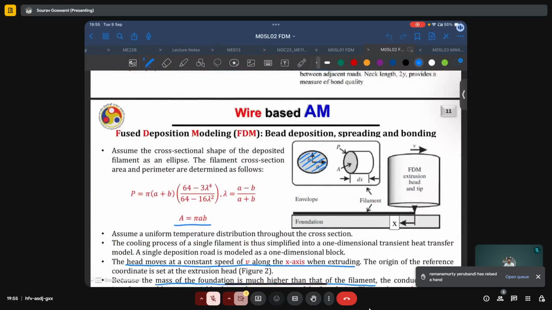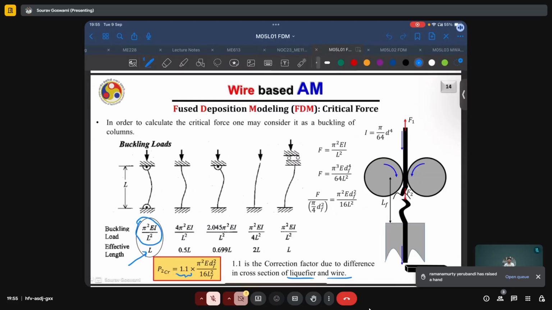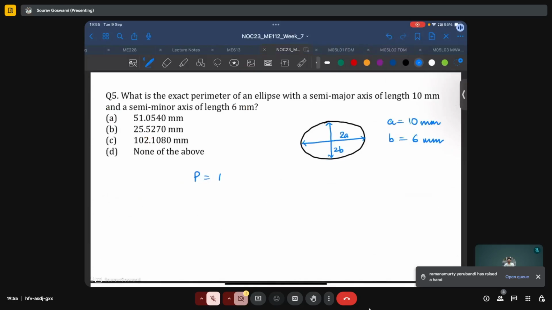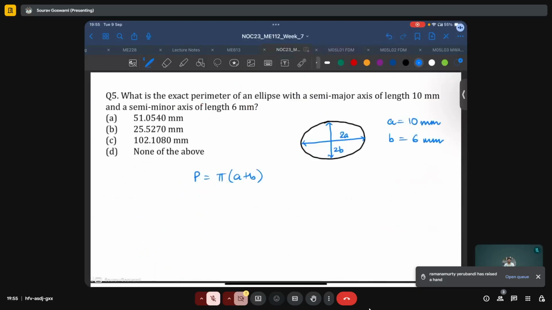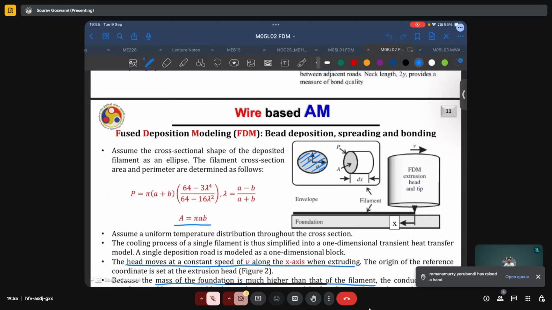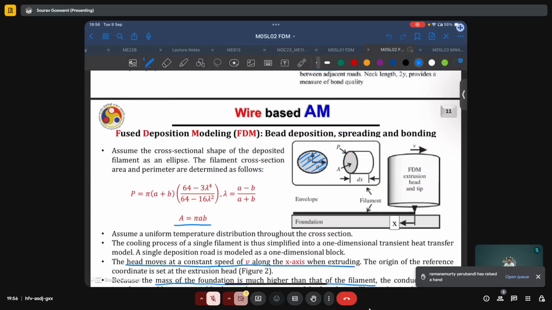The perimeter is equal to pi times (A plus B) times (64 minus 3 lambda power 4) by (64 minus 16 lambda square), where the parameter lambda itself is equal to (A minus B) by (A plus B).